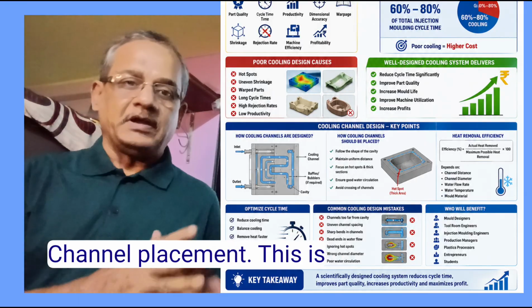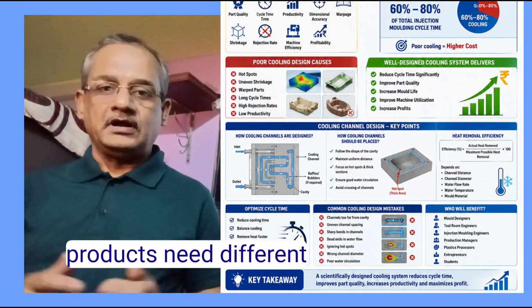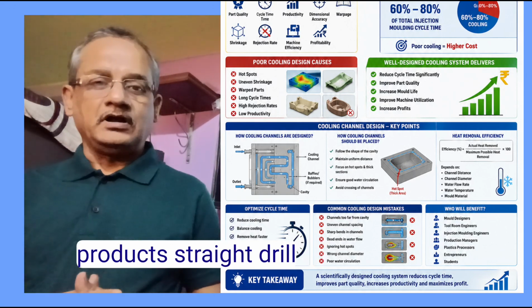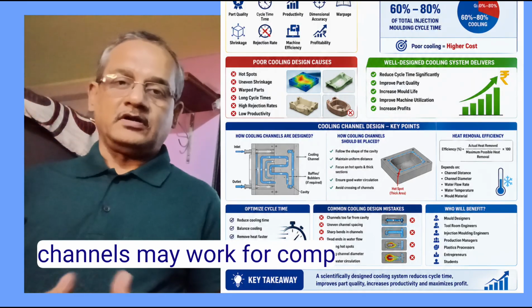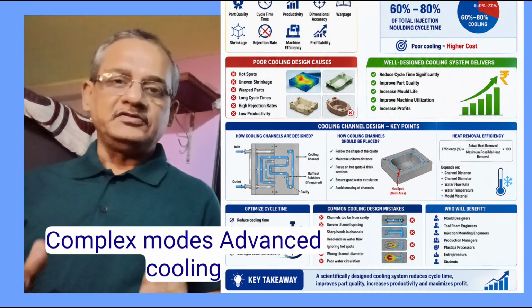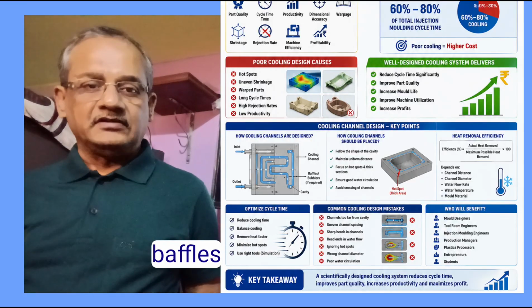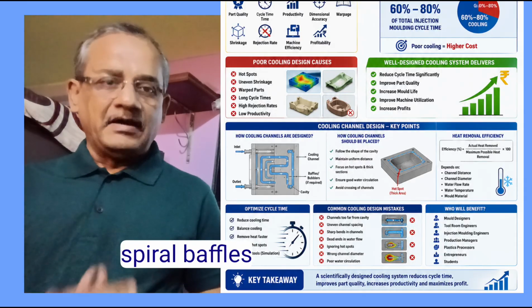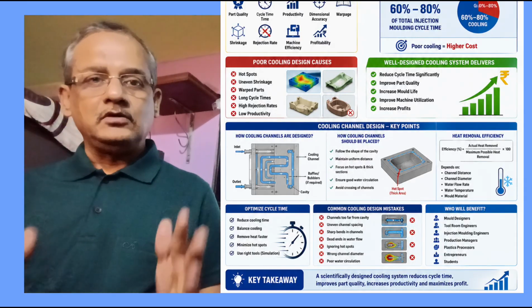Cooling channel placement. This is extremely important. Different products need different layouts. For simple products, straight drilled channels may work. For complex molds, advanced cooling methods are required. Examples: baffles, bubblers, spiral cooling, conformal cooling.